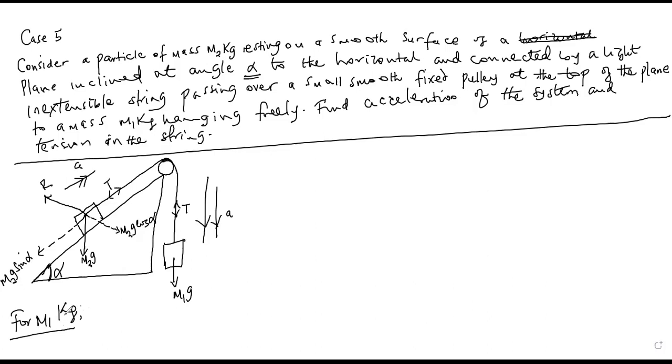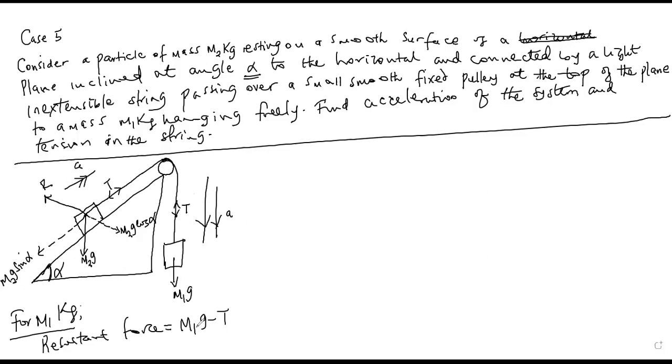For the m1 kilogram mass, the resultant force is going to be m1g minus T, because it is accelerating downwards, meaning that this weight is heavier than T. So we shall have m1g minus T. I'm applying the conditions that I showed you in the first video, where the forces in the direction of motion counterbalance the forces in the opposing motion.